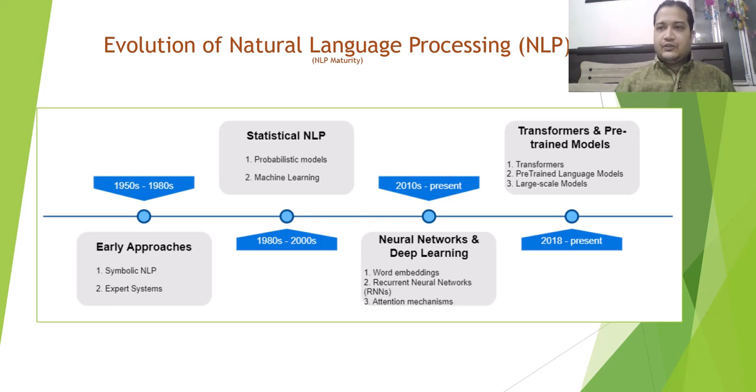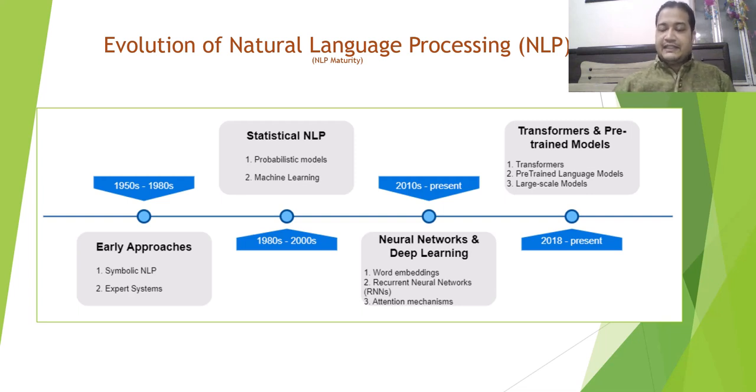I'll start with how this complete journey of natural language processing started, and how it evolved from the 1950s or 60s to the current scenario. So I will be talking about the complete evolution of NLP. From the 1950s to 80s there were early approaches, for example symbolic NLP or expert systems.